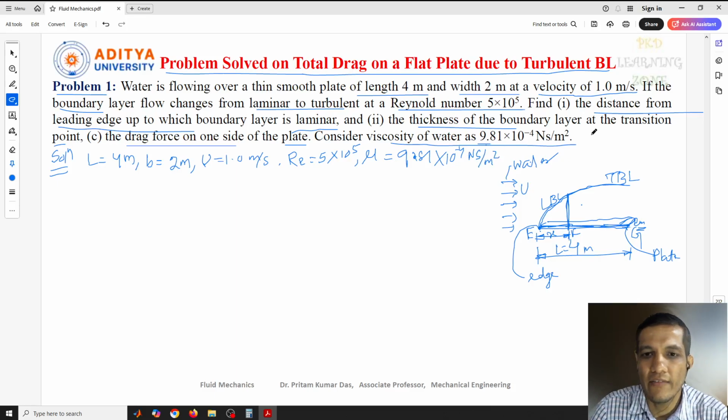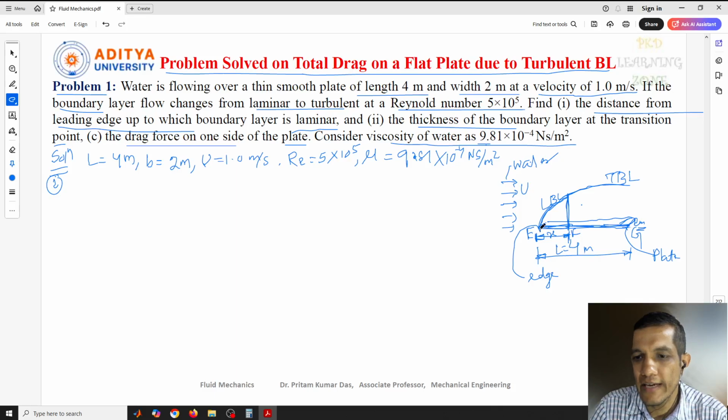From these data, we need to find three terms. First is the distance from the leading edge up to which the boundary layer is laminar, that is, the x value. This is very simple. Based on the Reynolds number formula, we can calculate this x value.